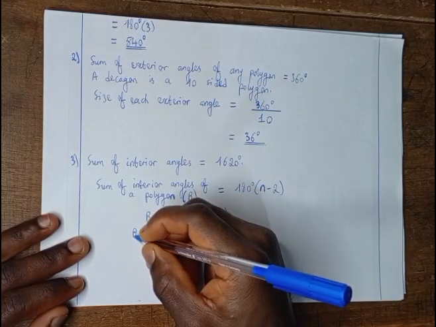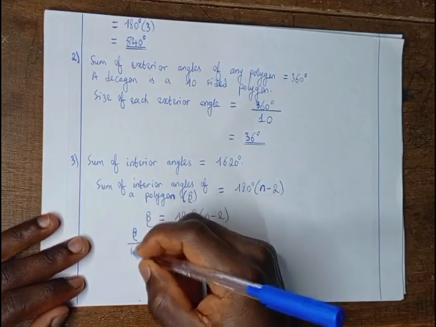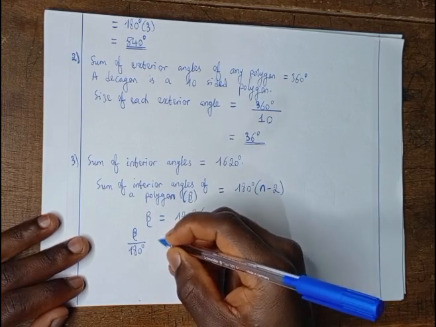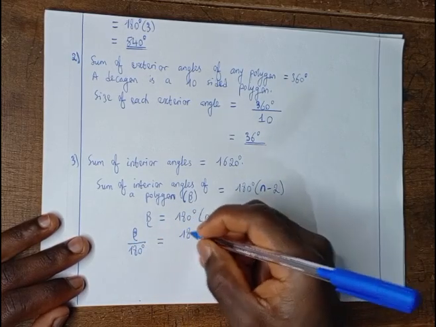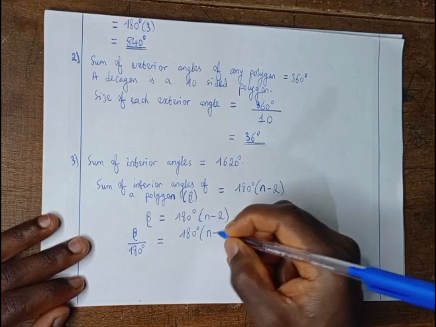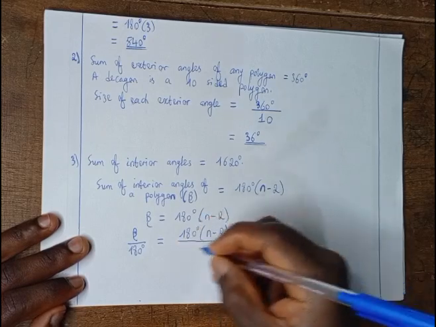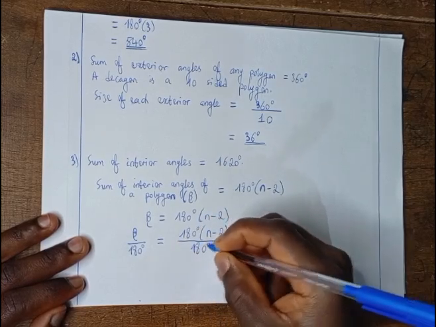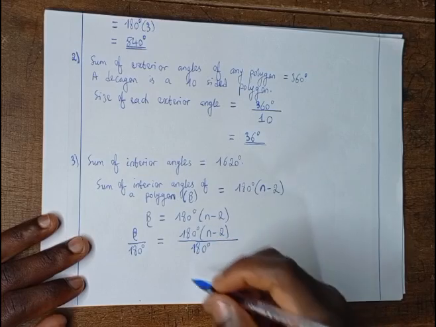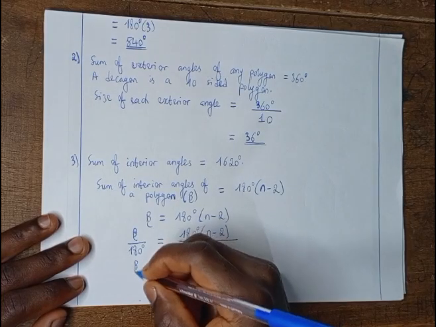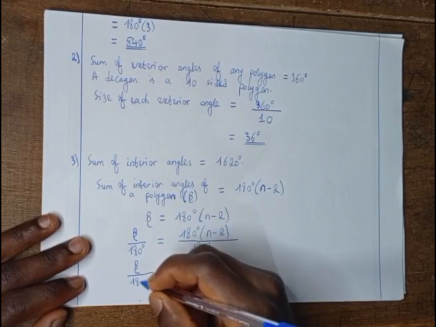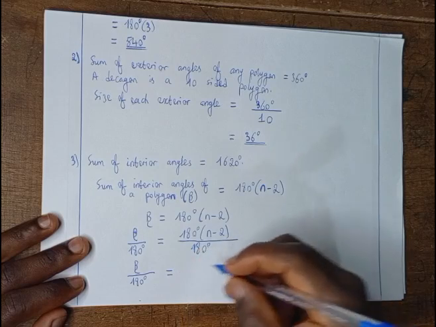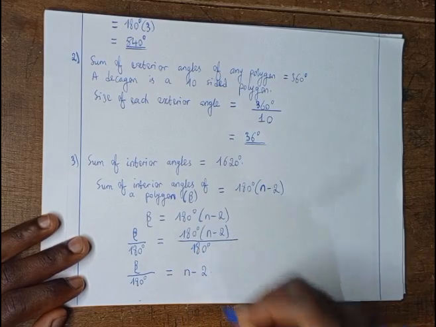This will give us beta over 180 degrees is equal to 180 degrees times n minus 2 over 180 degrees. 180 will cancel 180. We'll be left with beta over 180 degrees is equal to n minus 2.